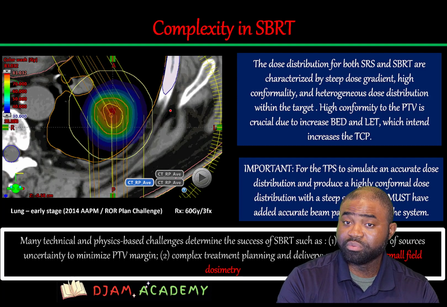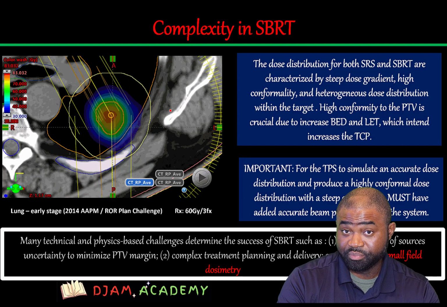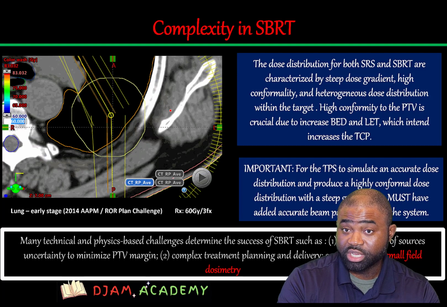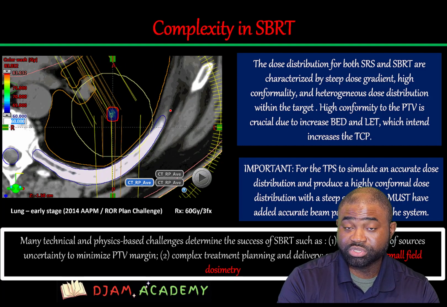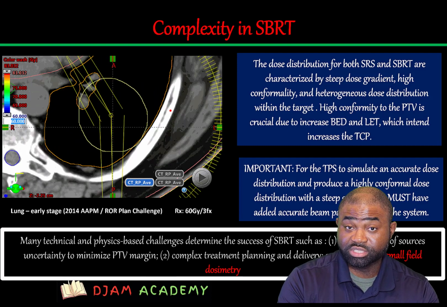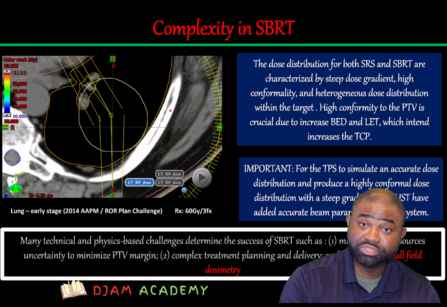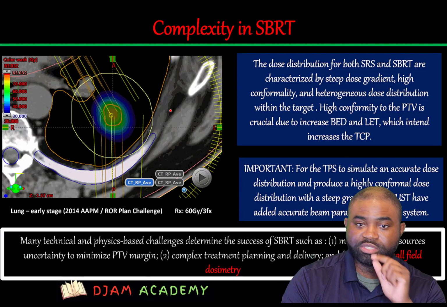Now, the high conformality to the PTV or the GTV, if we don't have a PTV, is crucial in order to increase the biological effective dose, which in turn increases the tumor control probability. In other words, this improves the local control. But here's the problem.